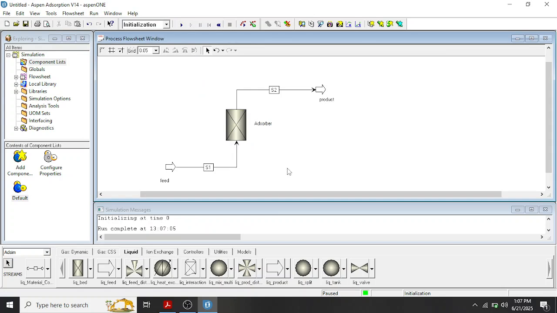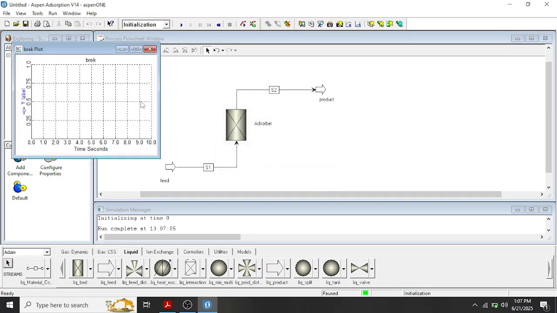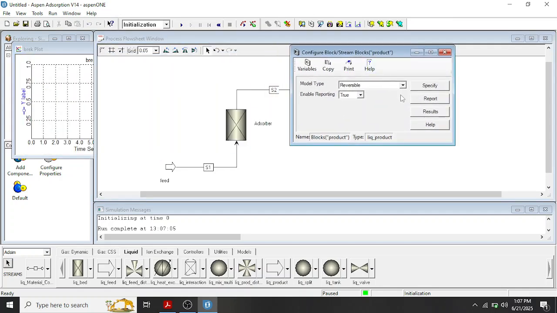Now we will plot the breakthrough curve for this component. So we will go to this plot, click on this one, and simply drag breakthrough. This is the breakthrough curve, and now click on the product, drag this one, the results.